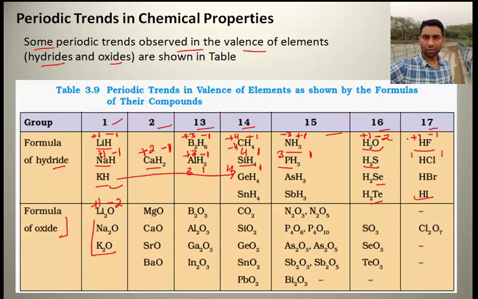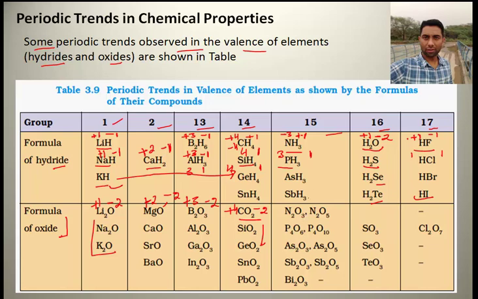Then for group 2, magnesium will show +2 oxidation state and oxygen will show -2, and so on for the others. Then B2O3, +3 for boron and -2 for oxygen, right? Same trend will be there. In carbon dioxide, it will be +4 for carbon and -2 for oxygen, and so on for the rest.